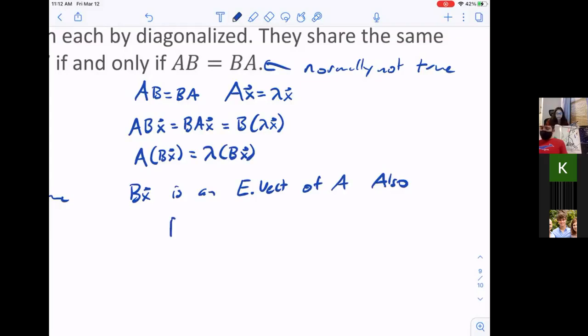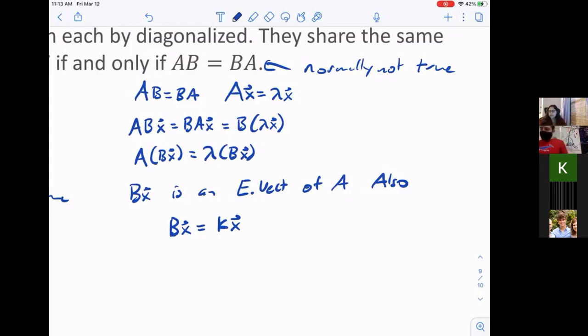So BX is a multiple of X itself, right? Since X was an eigenvector of A associated with lambda, and BX is an eigenvector of A associated with lambda, we're basically in a situation where every time I get one, like 1, 0, you could use any multiple of that. We're basically saying BX has to be one of the other multiples, since that same lambda gives me that same eigenvector.